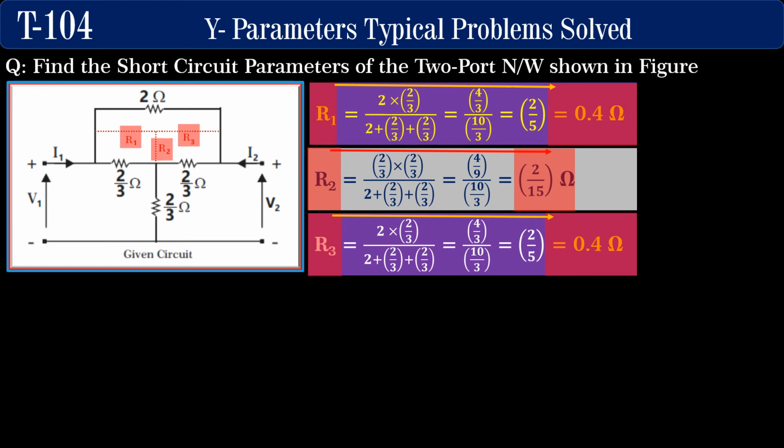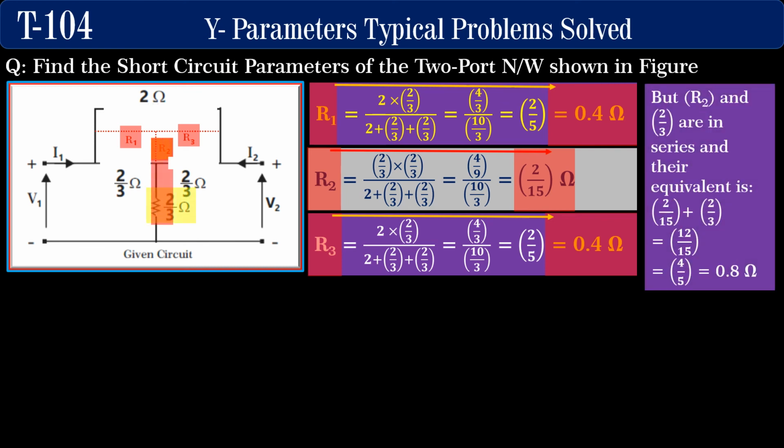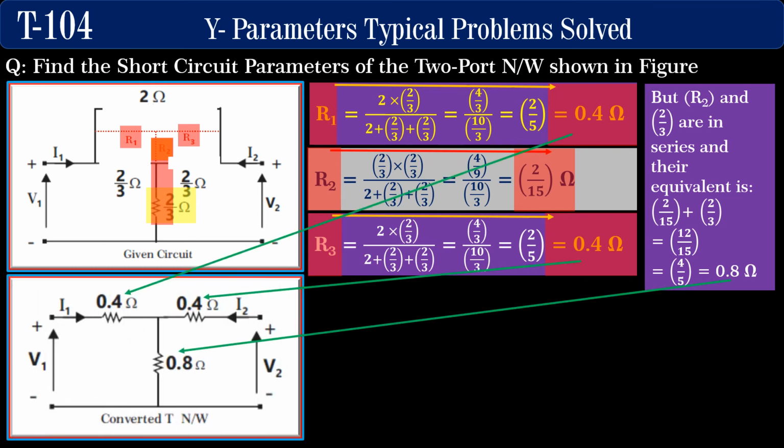So, once we know R1, R2 and R3 in star network, we can replace this delta into equivalent star. Now you observe that this R2 resistance and 2 by 3 ohm are in series and their equivalent is 0.8 ohm. So, by replacing this delta into star, we get the circuit shown in figure.